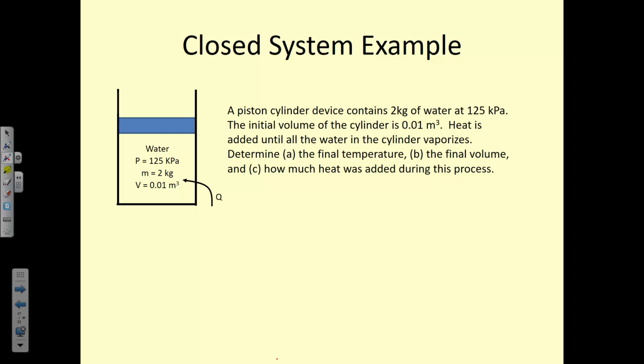So what do we know about this piston cylinder device initially? Okay, we know a pressure and a total volume, right? Is total volume an intensive property? No. And what is an intensive property?